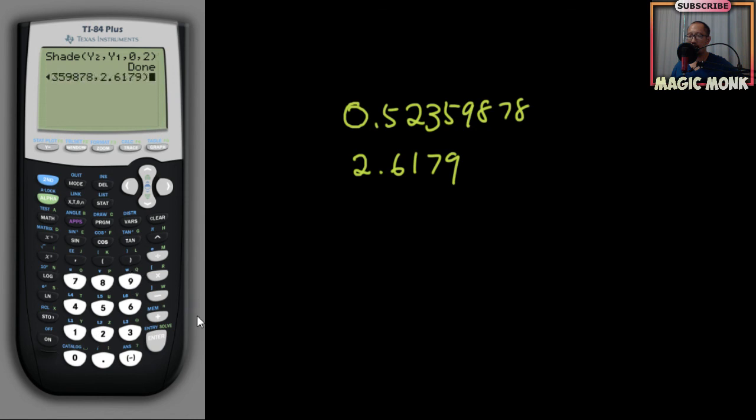Finish the bracket. Does it shade? Yes, it shades exactly that area.